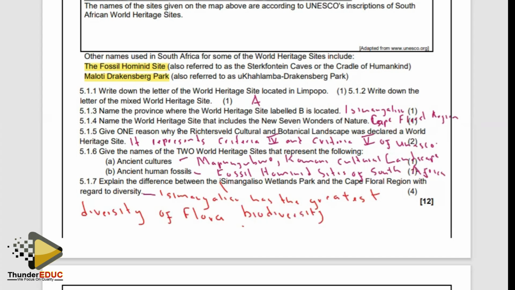Then the other one, the Cape Floral region, has the largest biodiversity of plants.